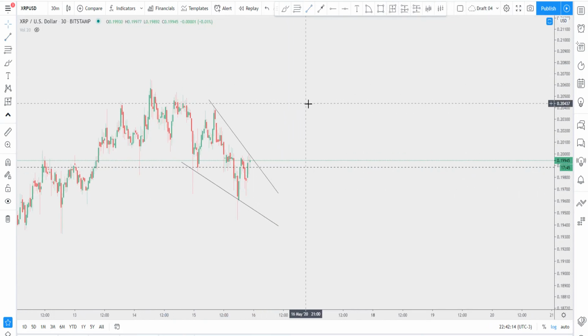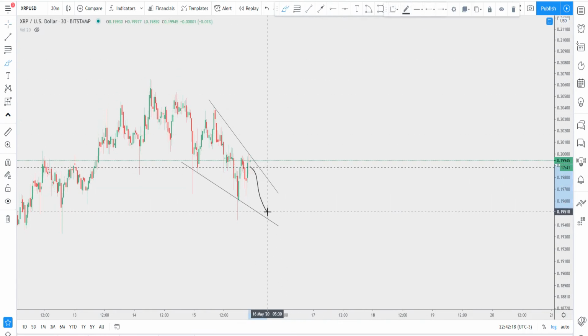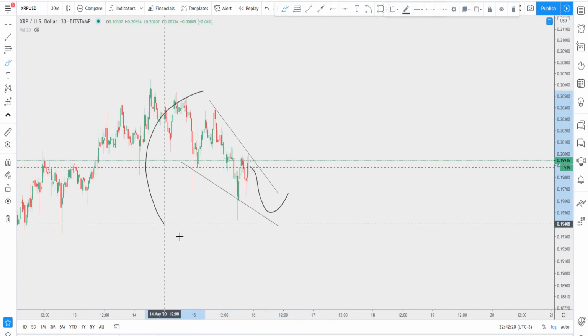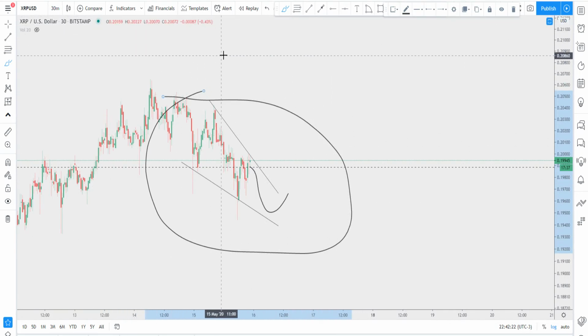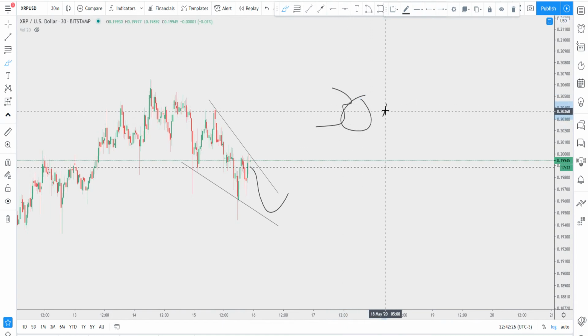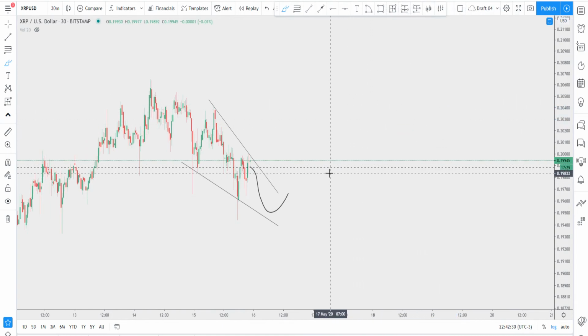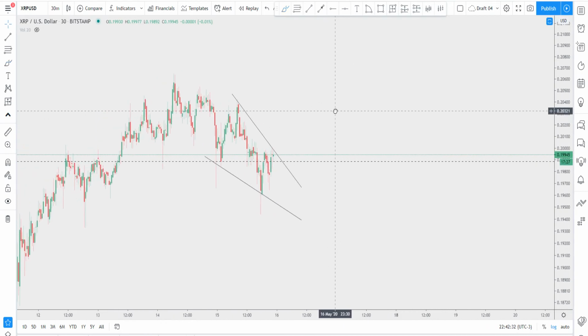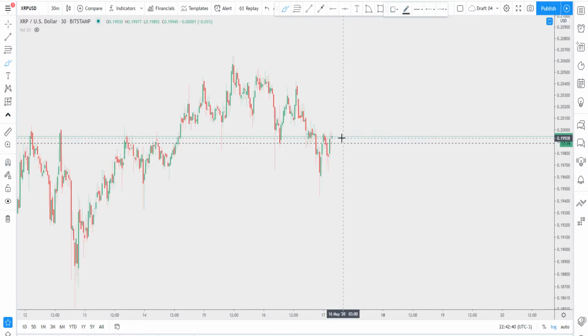Okay, it is possible to be a falling wedge, a micro falling wedge, because it's a 30 minutes chart. So 30 minutes chart, 30 minutes outcome. Okay, and we are looking for bullish continuation on Bitcoin as well, but maybe not for now. And let's see how this will play out.